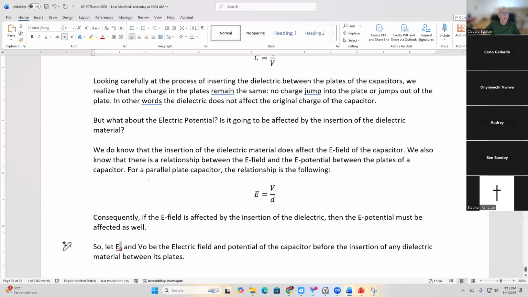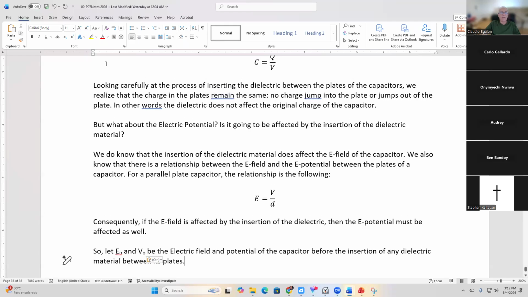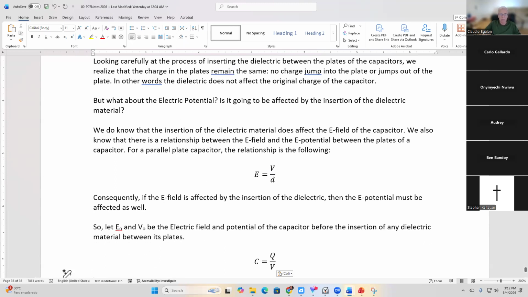We are going to go, this one goes here, this one goes here, right? So we can say that before we insert any material whatsoever between the plates of the capacitor, the capacitance is going to be given by Q divided by V naught, right?